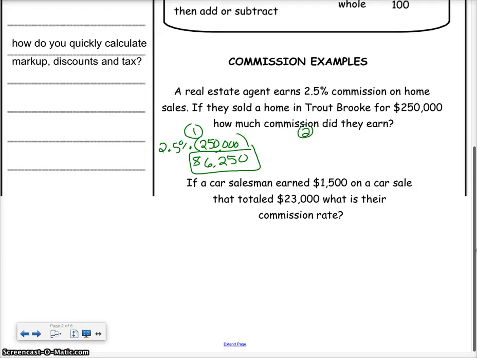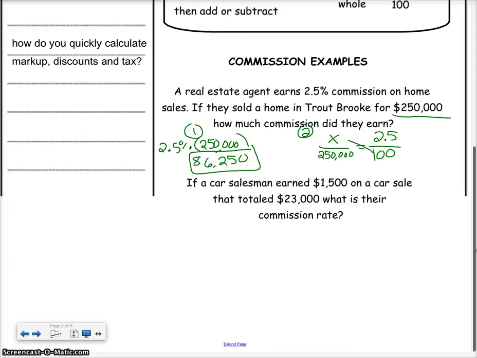Method number two is to create that proportion. And so we have 2.5% would go up on the right, and the whole is how much they sold the home for. So that's 250,000. And x would go on the top.